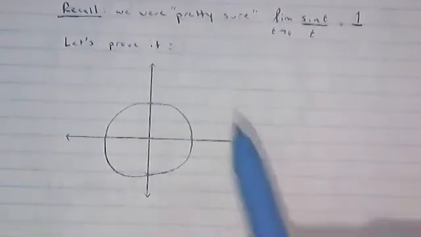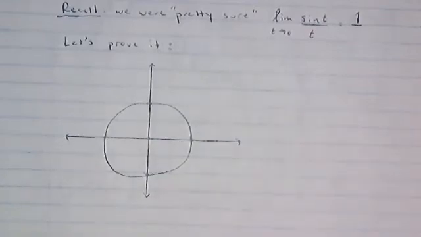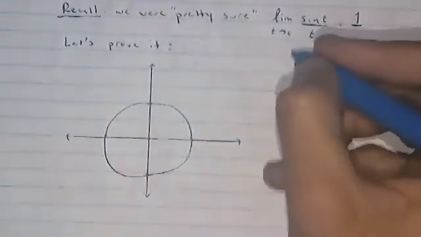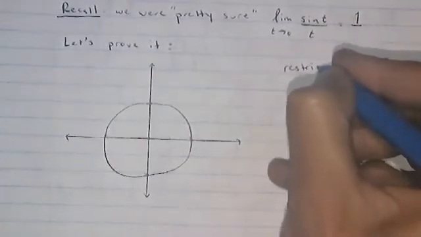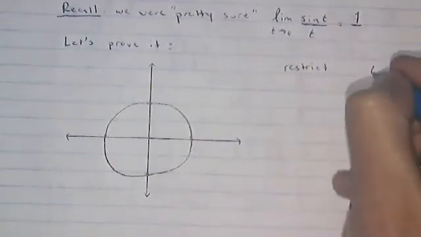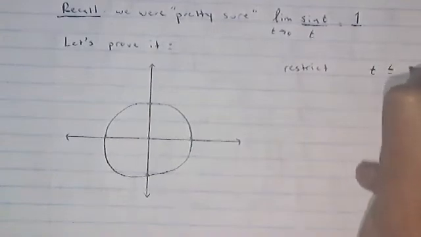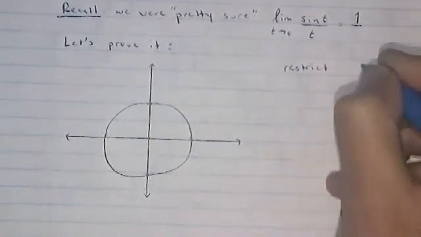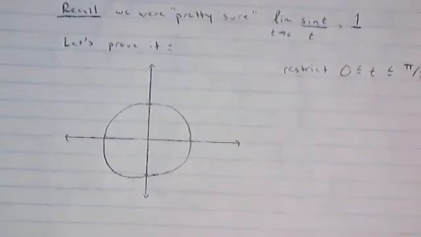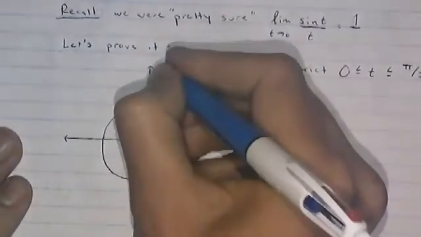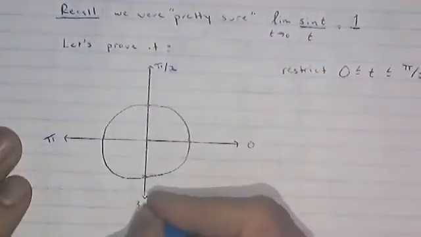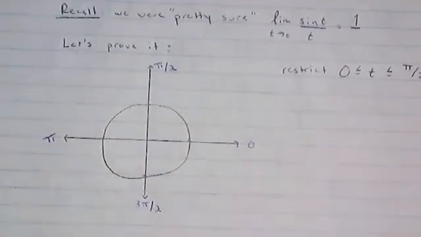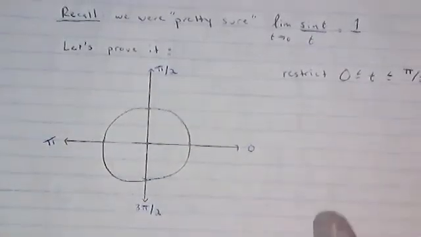Oh, bummer. Anyway, first of all, we're going to restrict t, which is our angle, to be in the first quadrant. So between pi over 2 and 0. Let's remember the unit circle starts at 0, goes to pi over 2, pi, 3 pi over 2.